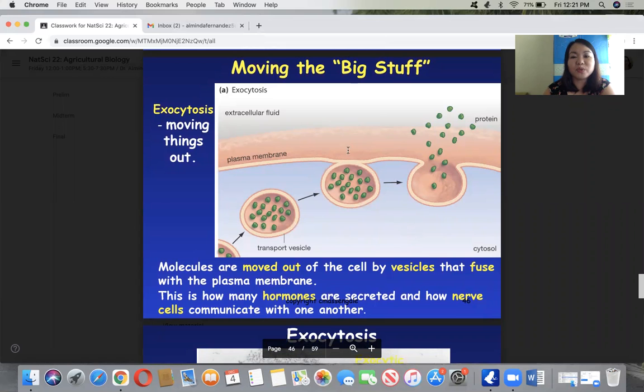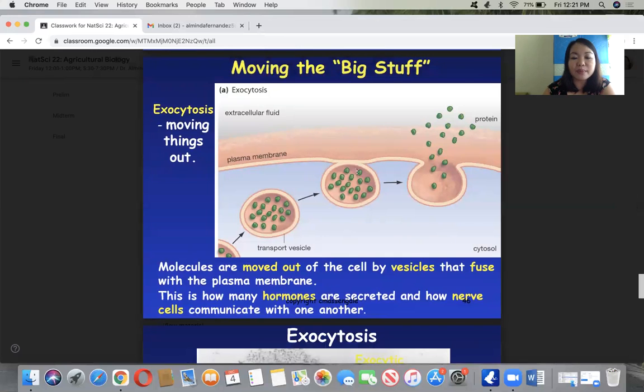We also have another process for moving the big stuff, called exocytosis. It's moving things out. As you can see in the figure, molecules are moved out of the cell by vesicles. We call them transport vesicles inside the cell that fuse with the plasma membrane.